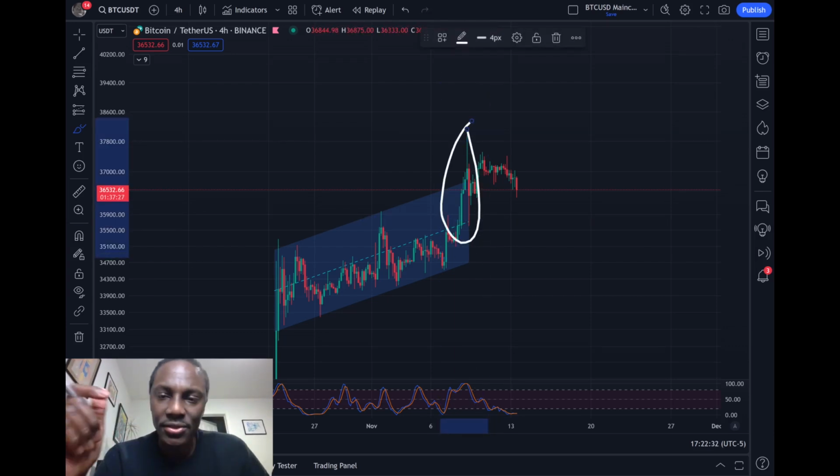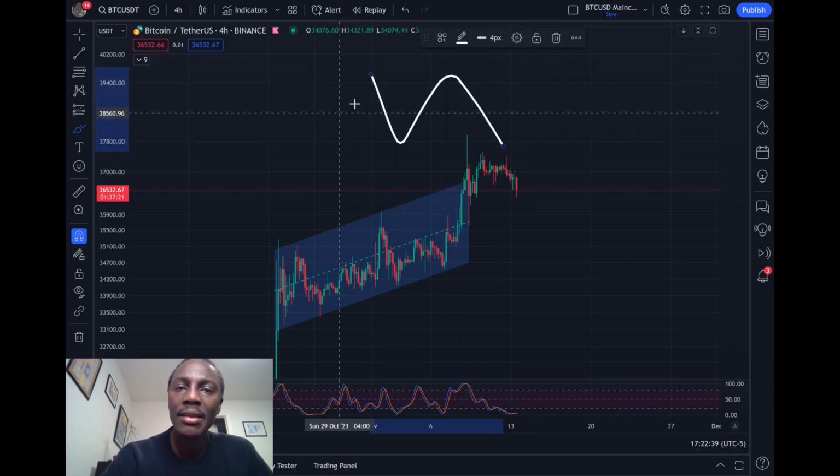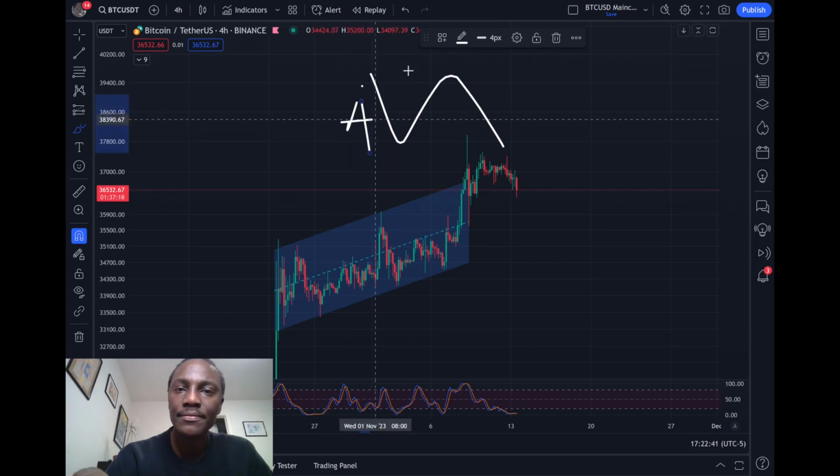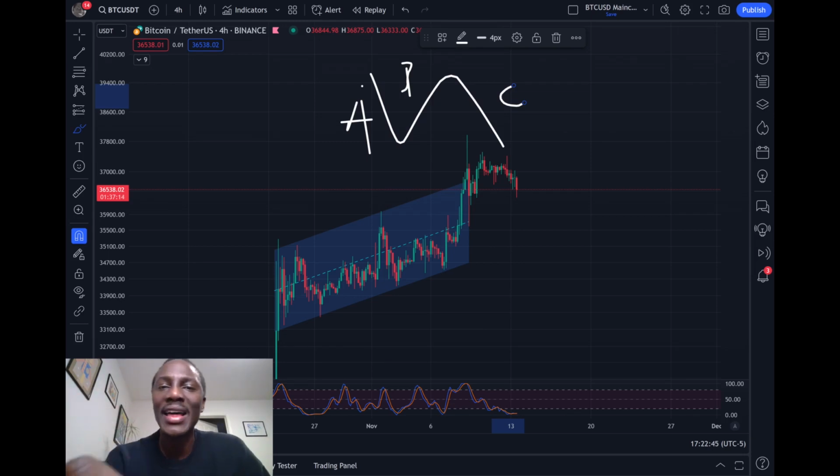What's an initial break of structure? In Elliott wave theory, if you have a flat correction, something like this, like a run-of-the-mill ABC flat correction, right? The A wave is the initial break of structure. That is the first sign that you're initiating the corrective move.